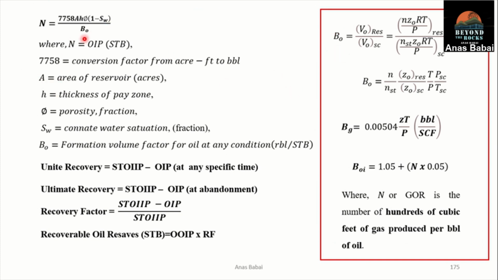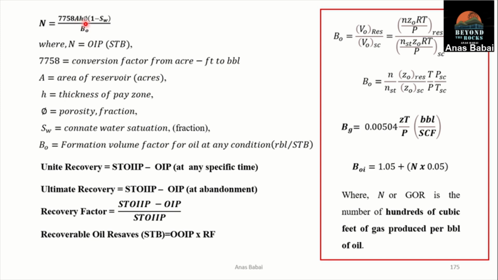So this is our equation, the one we have seen earlier, the factor that converts acre-feet into barrels. The equation is equal to, so A is the area of our reservoir in acres, and H is the thickness of the pay zone, and we can get this one from the logs.